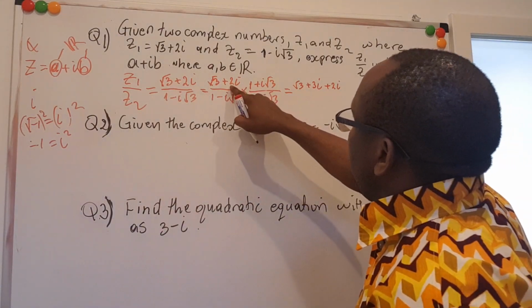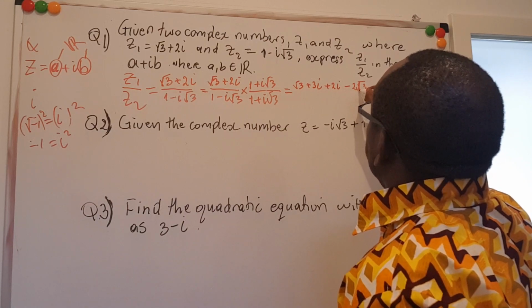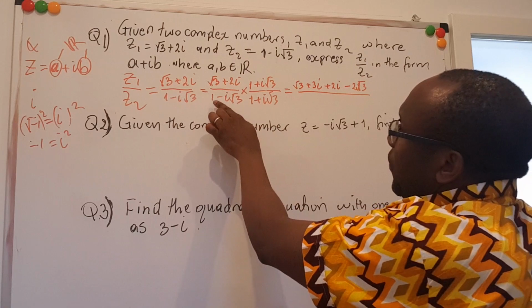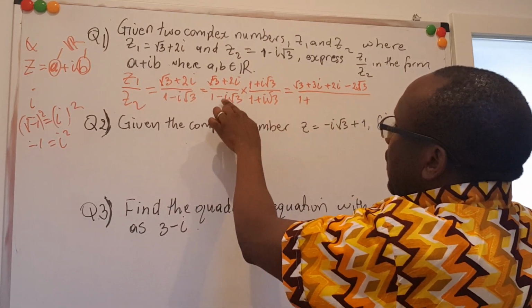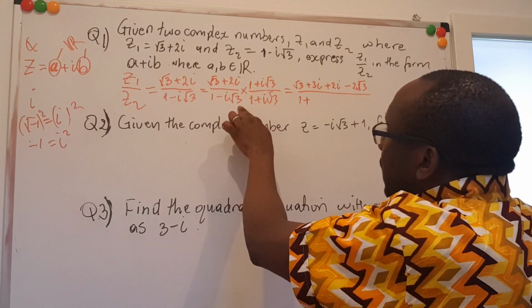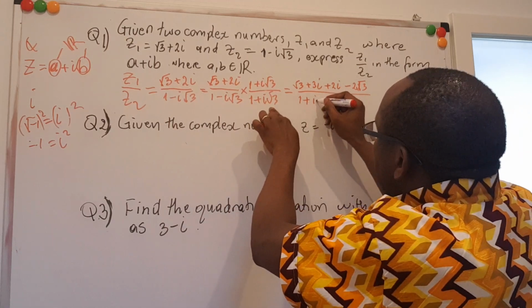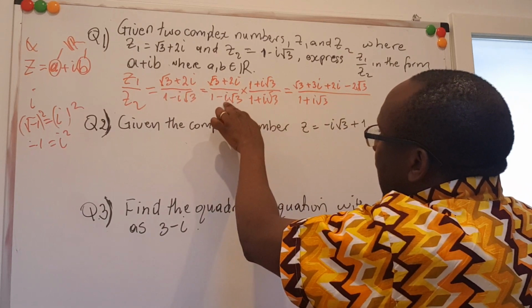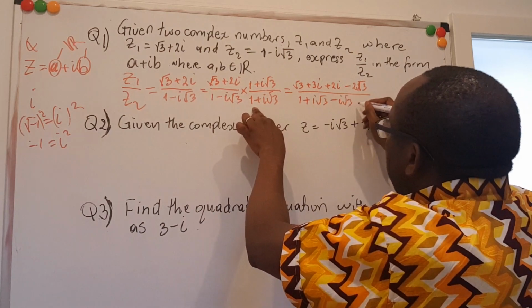So this is minus 2 root 3. Now I do a similar thing for the denominator. 1 times 1 is 1. 1 times i root 3 is i root 3. Minus i root 3 times 1 is minus i root 3.